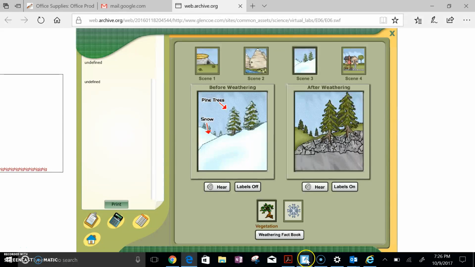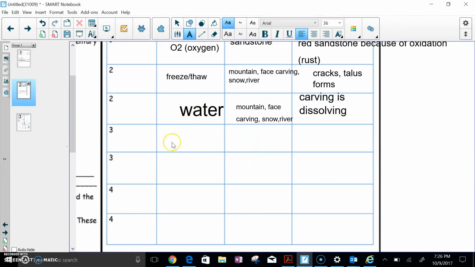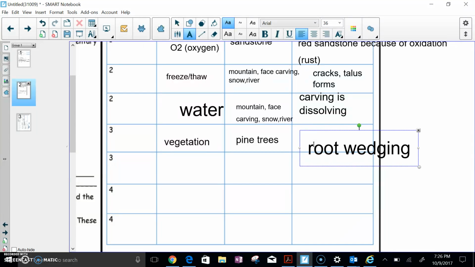Okay, so on our paper we can put vegetation. We have pine trees and snow. And then after the weathering, the pine tree, we have root wedging. We'll put root wedging. Okay, because it has broken apart the rock using the roots of the tree.